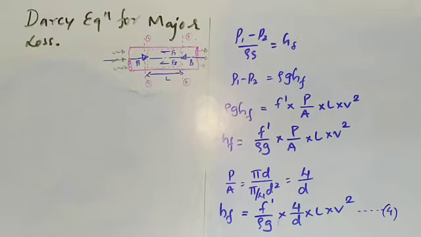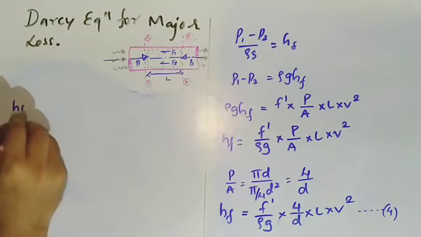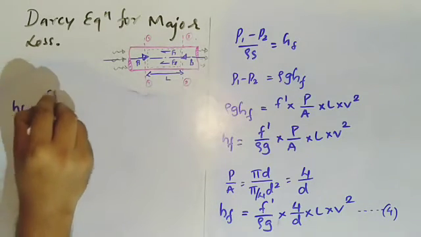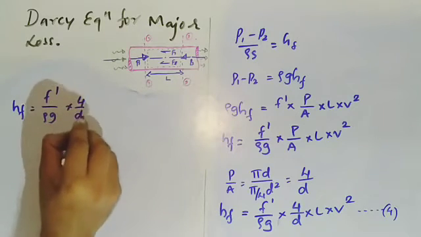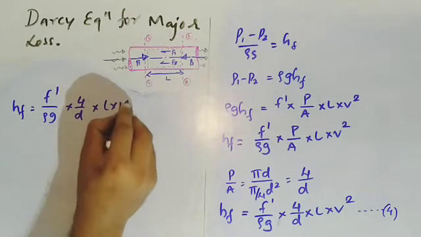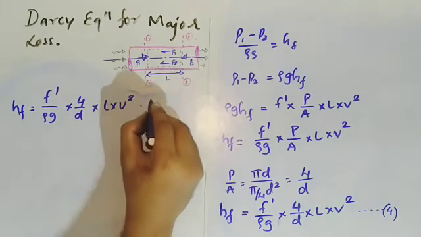So now dividing and multiplying this equation 4 by 2g, that is HF will be equal to F dash divided by rho g into 4 by D into L into V square.